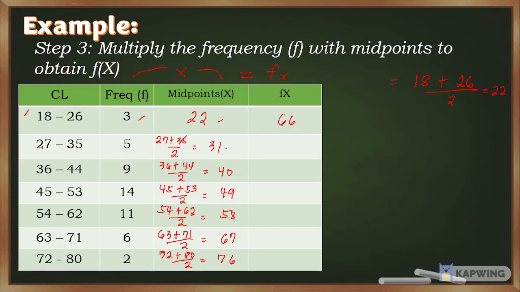Then 5 times 31 is 155. 9 times 40 is 360. 14 times 49 is 686. 11 times 58 is 638. Then 6 times 67 is 402. And 2 times 76 is 152.